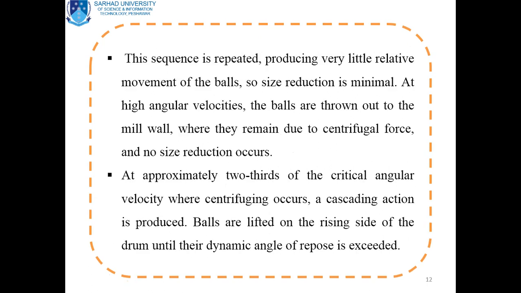This sequence is repeated, producing very little relative movement of the balls, so size reduction is minimal, in case the speed is very low. At high angular velocity and speed of rotation, the balls are thrown out to the mill wall, where they remain due to centrifugal force, and no size reduction occurs. In both cases, at high speed and at low speed, the efficiency is minimal.